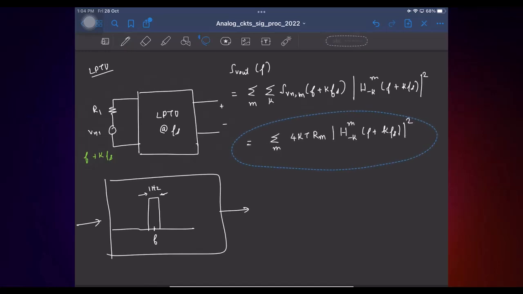Now another thing to observe for an LPTV network is that the noise we consider for the resistor turns out to be stationary noise. So in plain English, it means that the statistical properties of the noise don't vary with time. Whether I observe these statistical properties now or tomorrow or a century later, it's going to be the same.